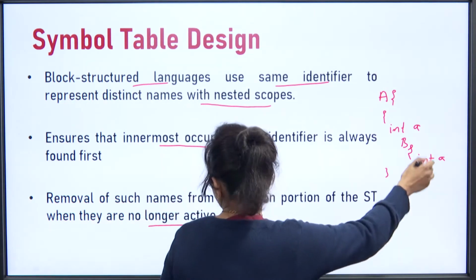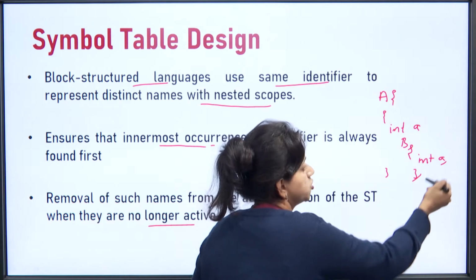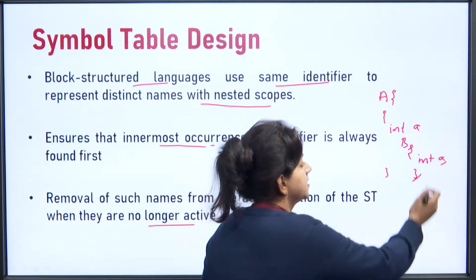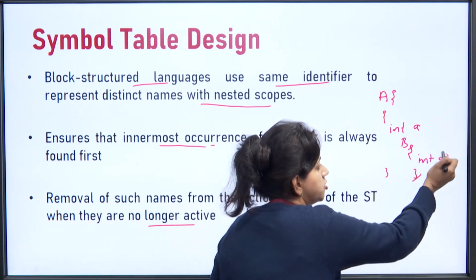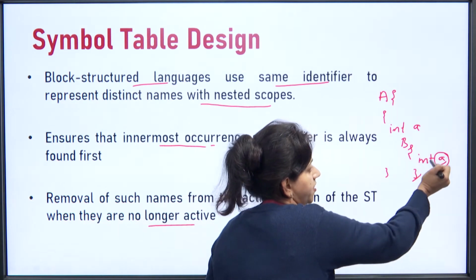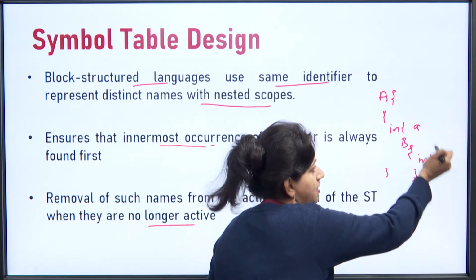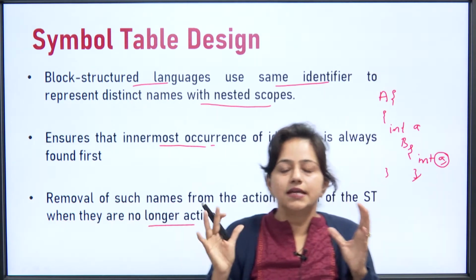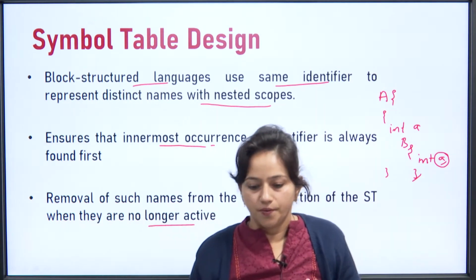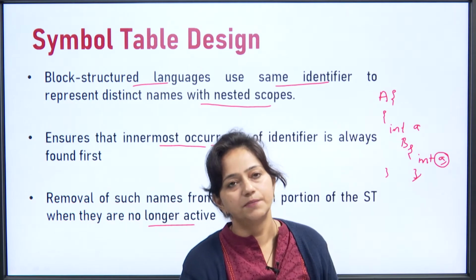So, they all should be removed, right, this A should be removed, and if we are at this particular procedure, then this should be preferred. If we are accessing A, it means we are talking about this A, not this A. So, these things should be ensured while designing the symbol table.